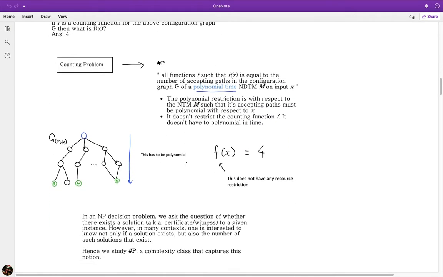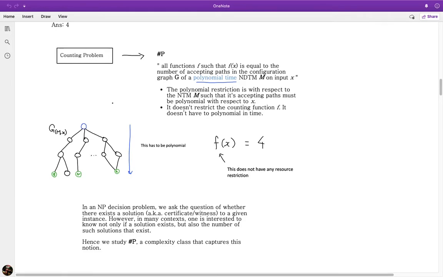So this is called a counting function. And so how are counting problems related to #P? As we define #P here, it is all functions f, f being a counting function, such that f of x is equal to the number of accepting paths in the configuration graph G of a polynomial time non-deterministic Turing machine M on input x.